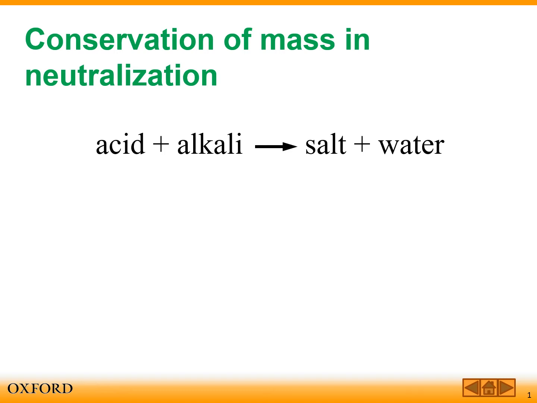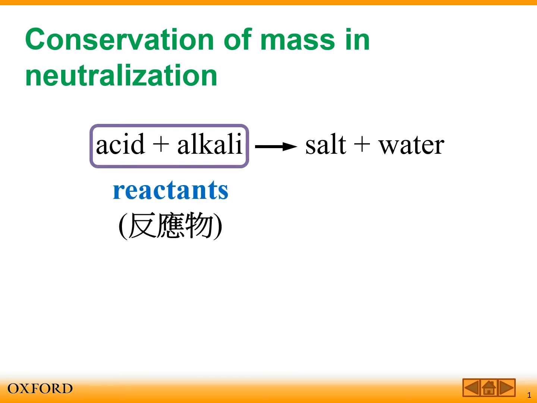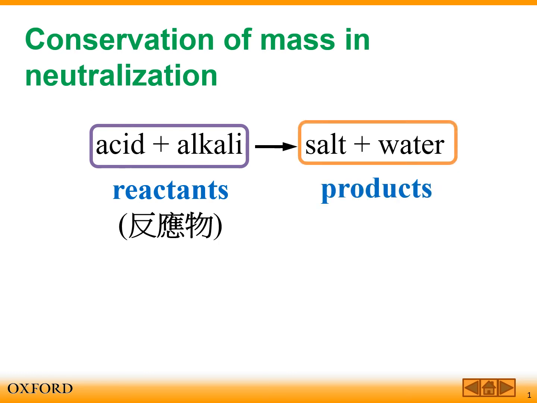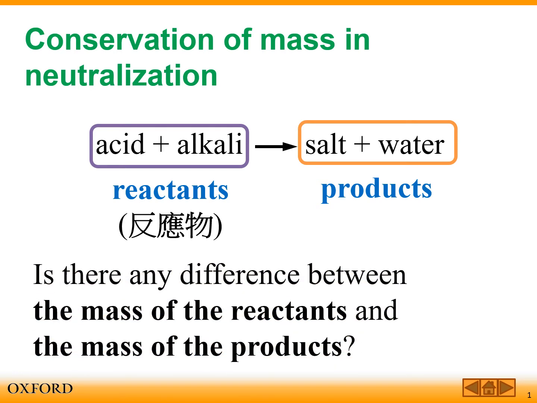Whenever there is a chemical reaction, new substances are formed. So in this example, acid and alkali, we call them reactants, 反應物. Salt and water are products, 生成物.